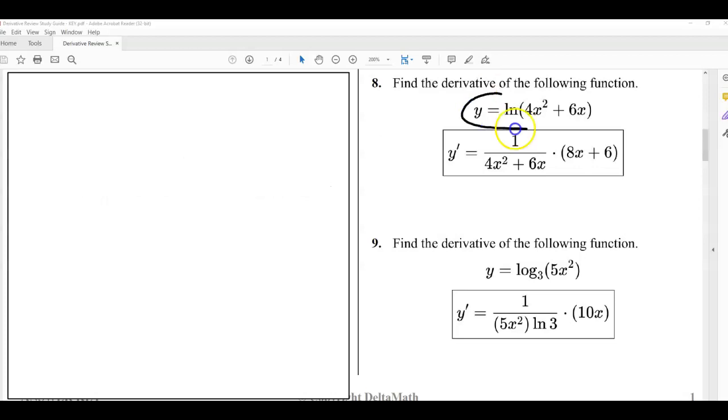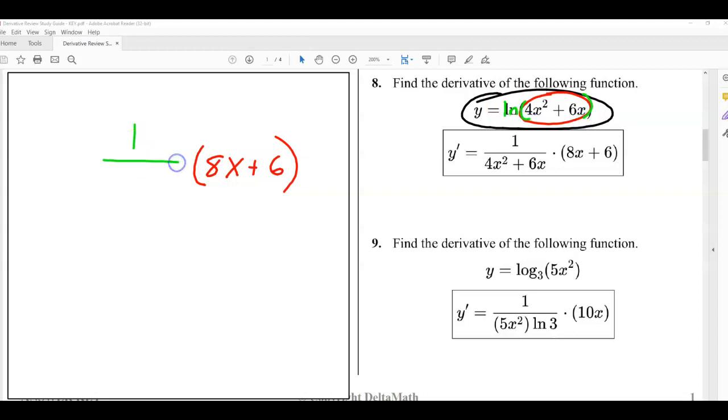All right, another chain rule problem here. We've got the derivative of the inside is 8x plus 6. The derivative of the outside, which is an ln, is 1 over whatever the inside is. And it looks like they didn't simplify it, but when I taught it, I told you guys to put this on the top.